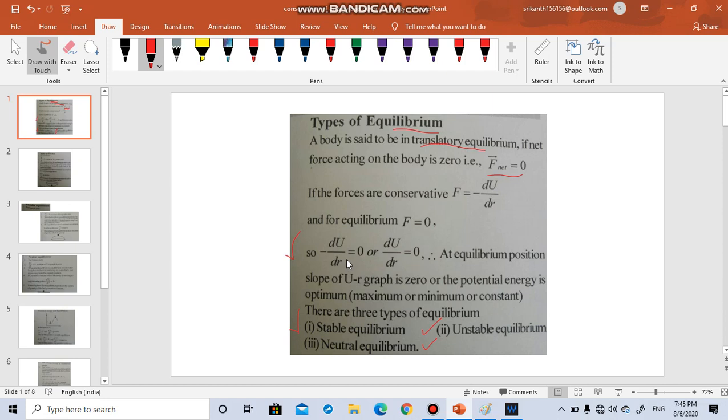Imagine a graph of U versus r; then du by dr is the slope of your graph, which is 0, and the potential energy is optimum. It can be maximum, minimum, or constant. Only three possibilities. In the coming slide, there is a figure which will clearly make you understand what I am trying to say here.